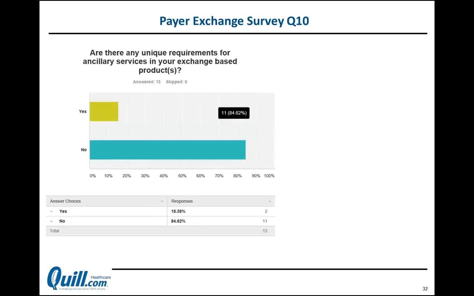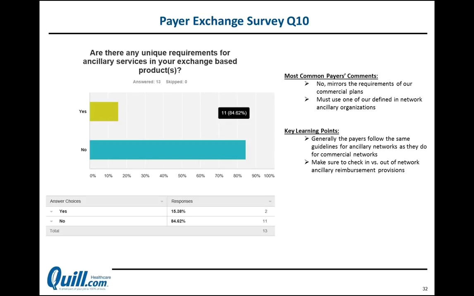And then number 10, are there any unique requirements for ancillary services in your exchange-based products? For the most part, the answer was no here, that they follow the same guidelines that they follow for ancillary networks.